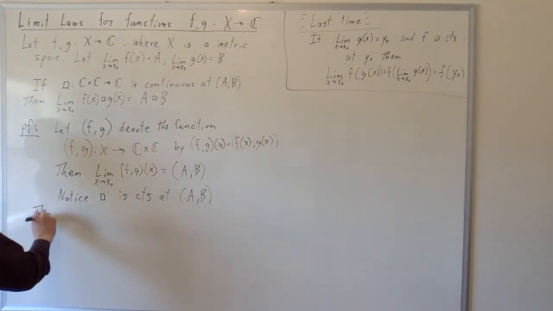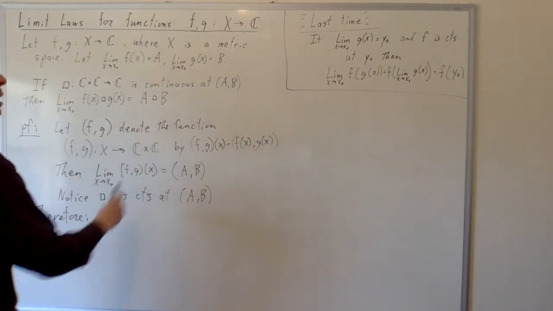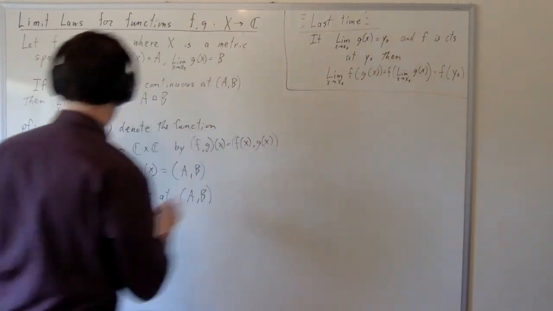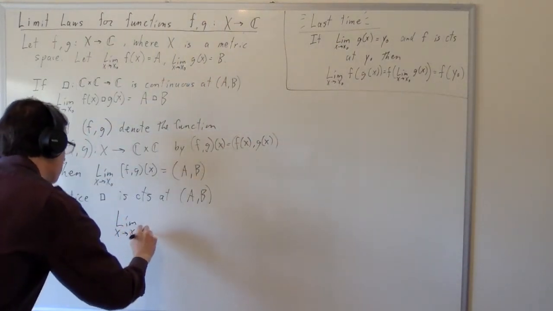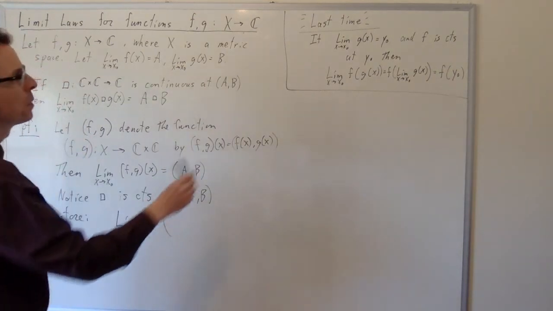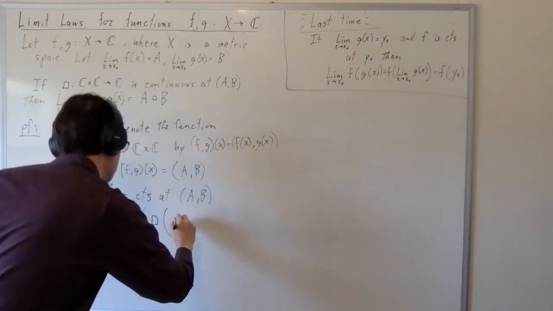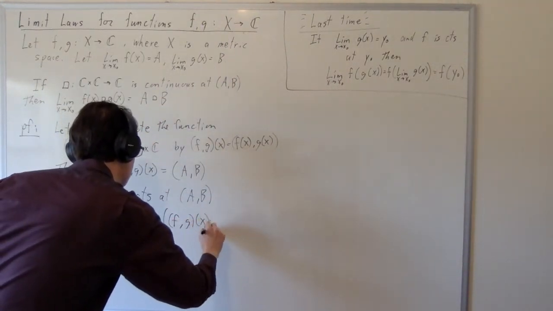So therefore, what do we get from this? I'm just going to copy this as it is. The limit as x goes to x naught of the box of the function f comma g of x.